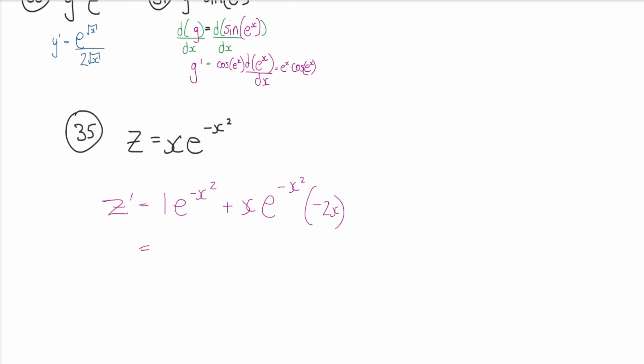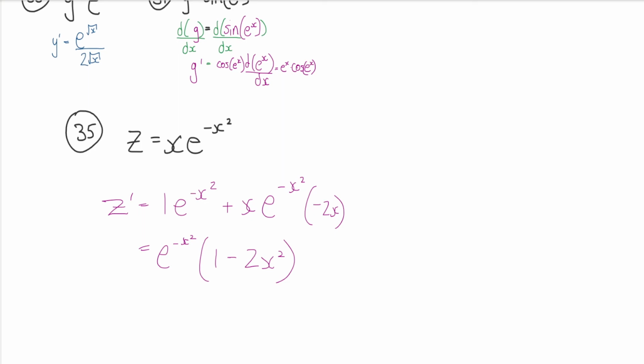It looks like we have this in both of them, and it's 1 minus 2x squared. Is that right? It looks like that's right.